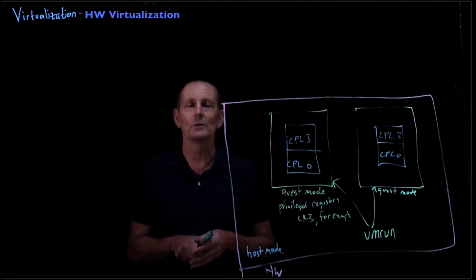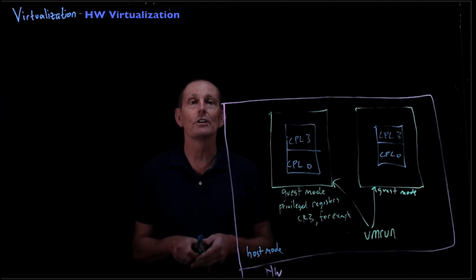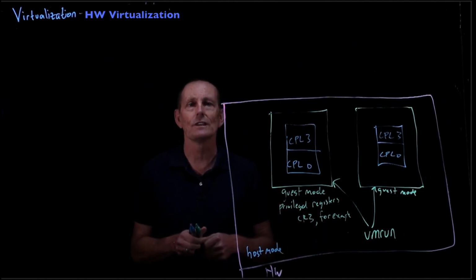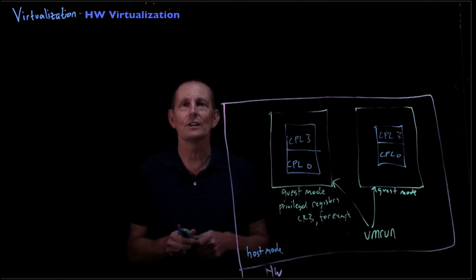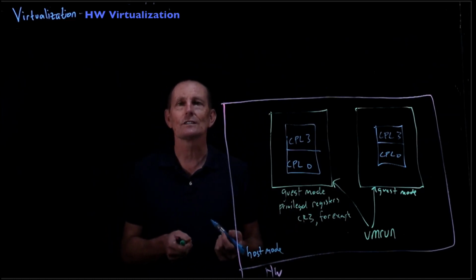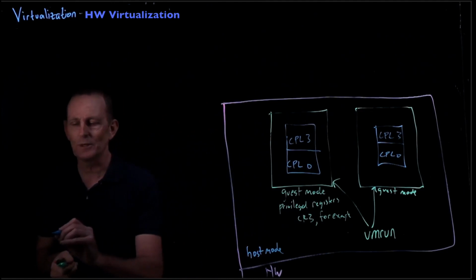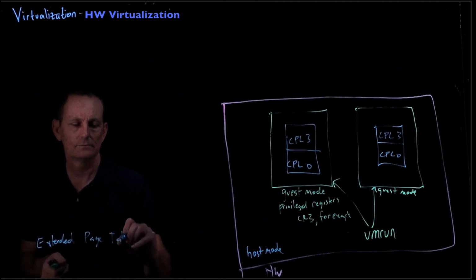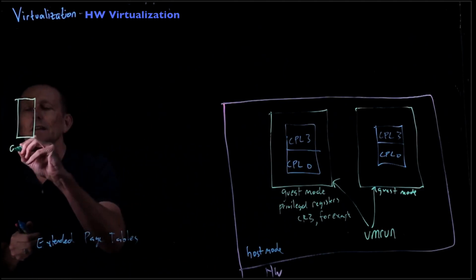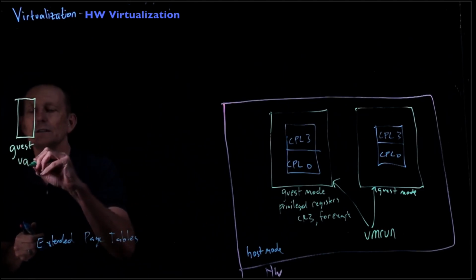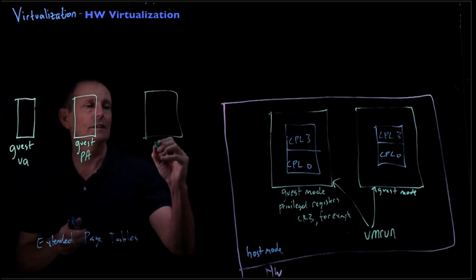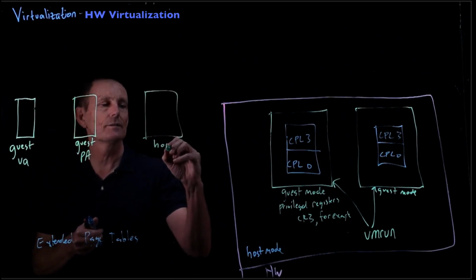And the paper we're looking at talked about early versions of hardware, so that was an early version of this. The second change that was made to the x86 architecture was extended page tables. If you'll remember, we have the guest virtual address, and then we have a guest physical address, and then finally we have a host physical address.